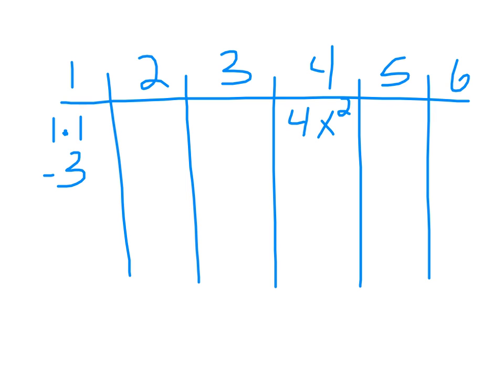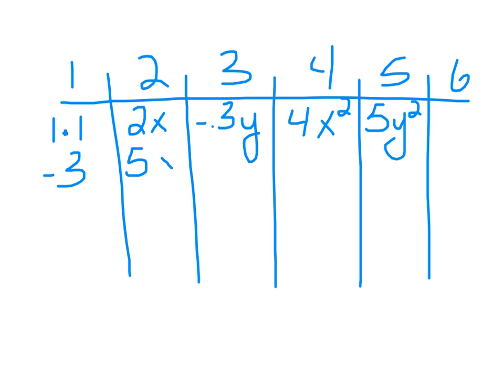People were just calling out cards at this point. I had a 2x. I had a 5y squared. I would have a -0.3y. I would have 5x, -2x.